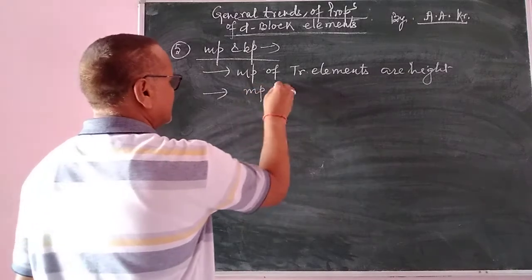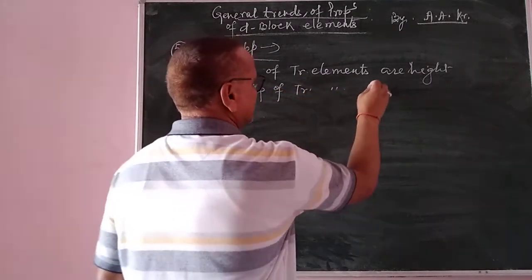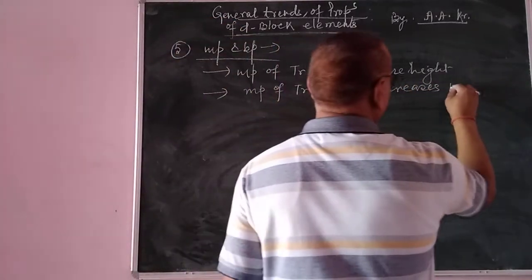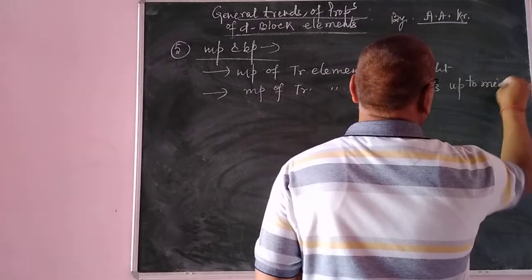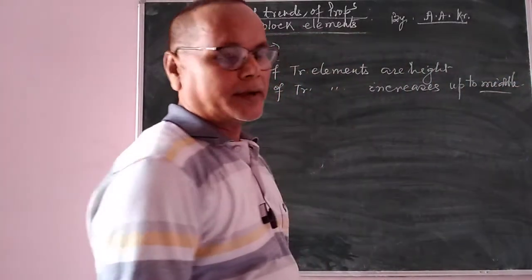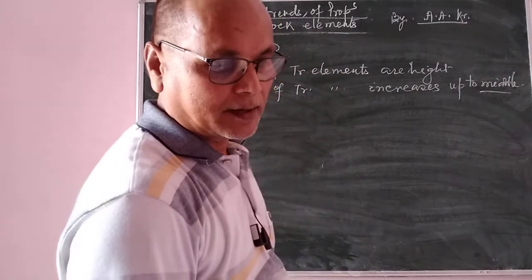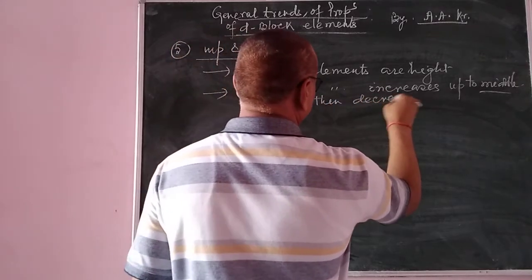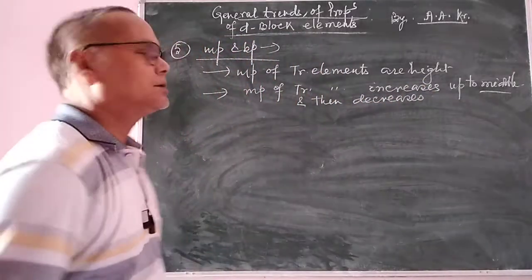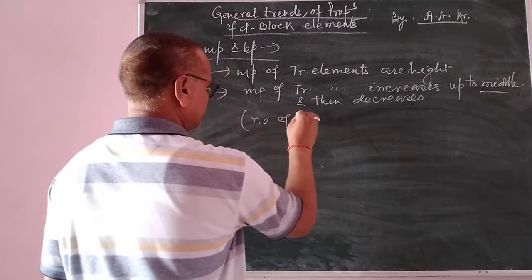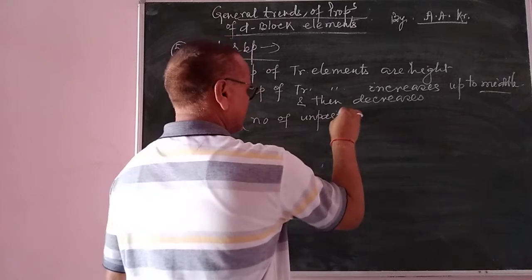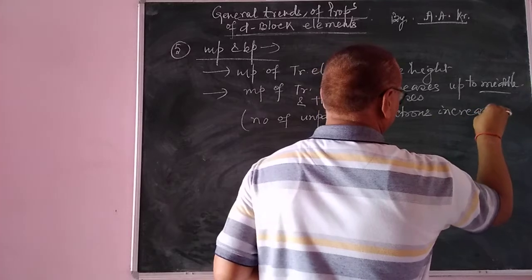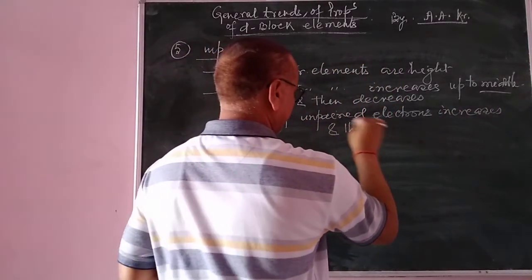So the melting point of transition elements increases up to the middle and then decreases, as the number of unpaired electrons increases and then decreases.